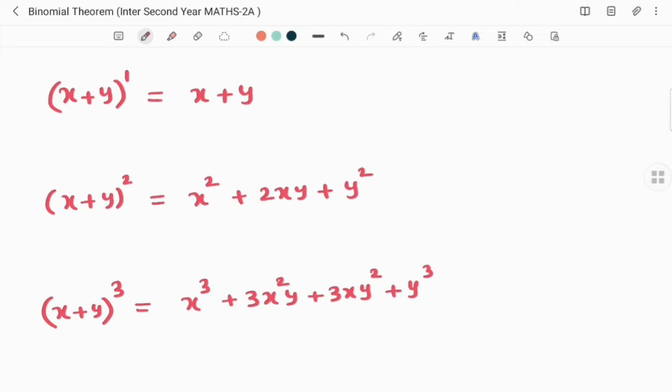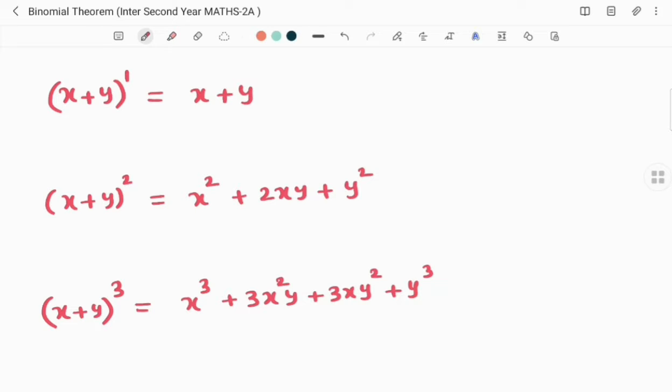Here we are going to get that expansion for n index. Here n represents the index of the binomial expansion. We are introducing the binomial theorem for the positive integral index 1, 2, 3 and so on up to n. In the meanwhile, we will also discuss the Pascal triangle.